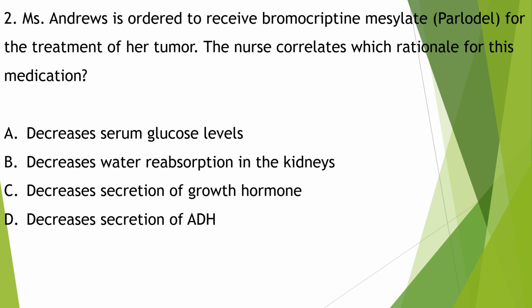Dopamine agonist, that is this Parlodel. It inhibits the release of anterior pituitary hormones. Medications that inhibit release of growth hormone include somatostatin analogues and growth hormone receptor blockers.